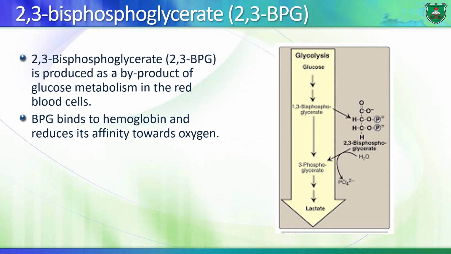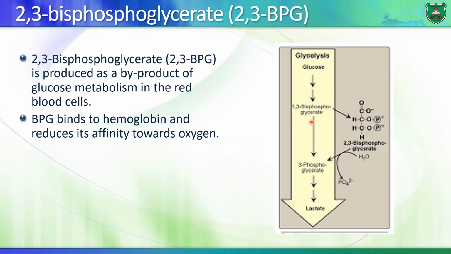There is another important allosteric effector, and this is known as 2,3-bisphosphoglycerate. 2,3-bisphosphoglycerate is a byproduct of glycolysis. So it's not the main product of glycolysis, rather it is a byproduct. So in glycolysis, you have glucose being converted to pyruvate at the end, right? One intermediate is known as 1,3-bisphosphoglycerate.